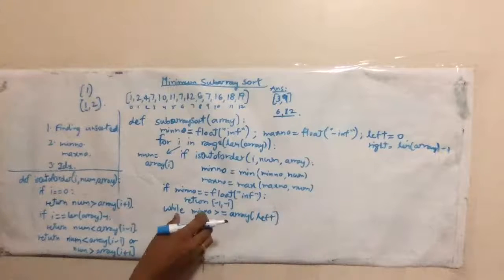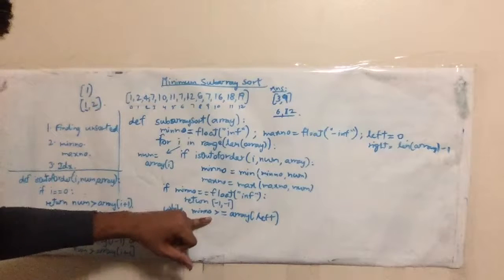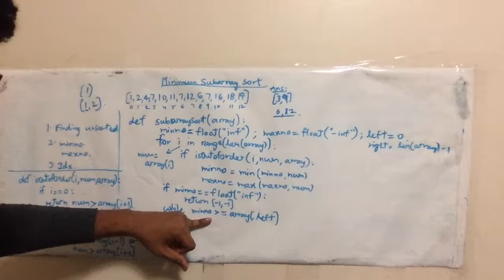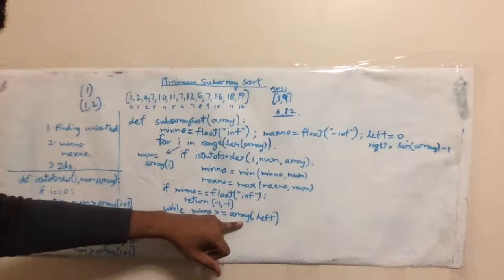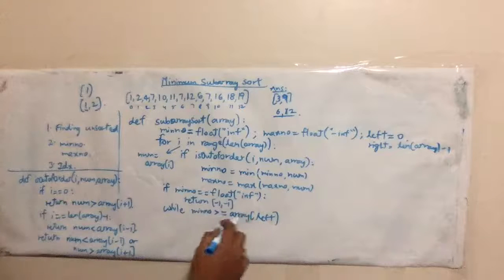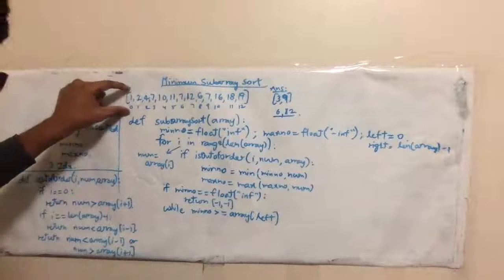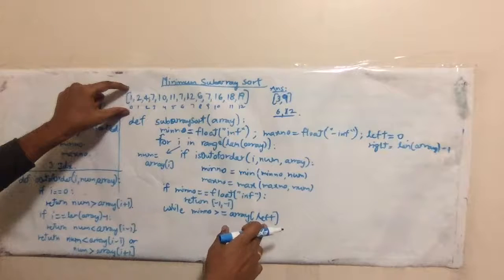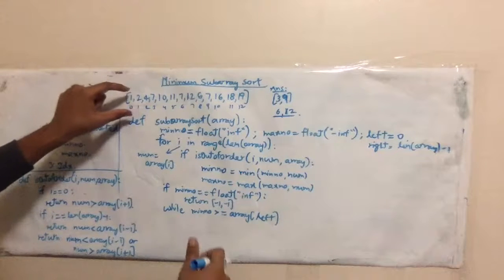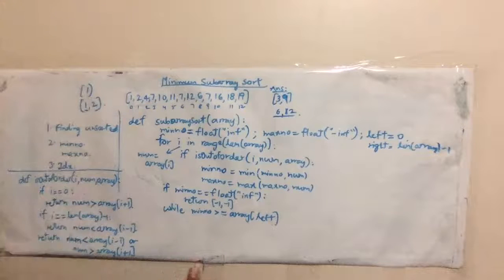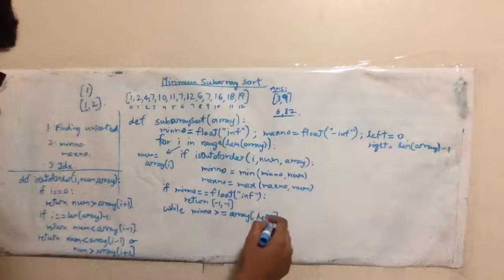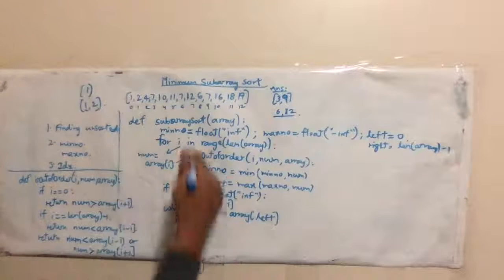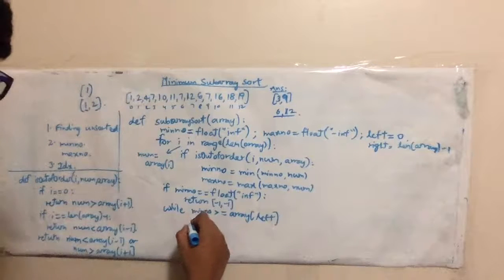What we did, we knew that there is a minimum number, say for example 6, and we are starting from the zeroth index of the list. Is 6 greater than or equal to 0? Yes. So if that is the case, then increment the left, just moving to the next position.